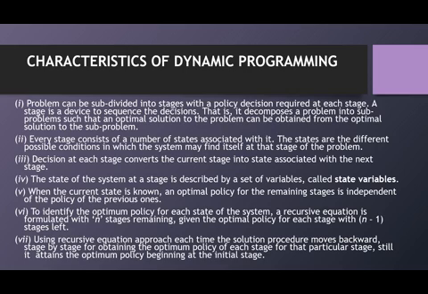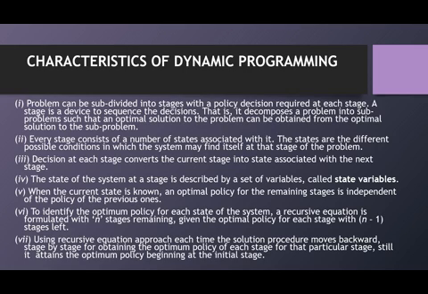To identify the optimum policy for each state of the system, a recursive equation is formulated with n stages remaining, given the optimal policy for each stage with n minus 1 stages left. So that is what I was telling you.